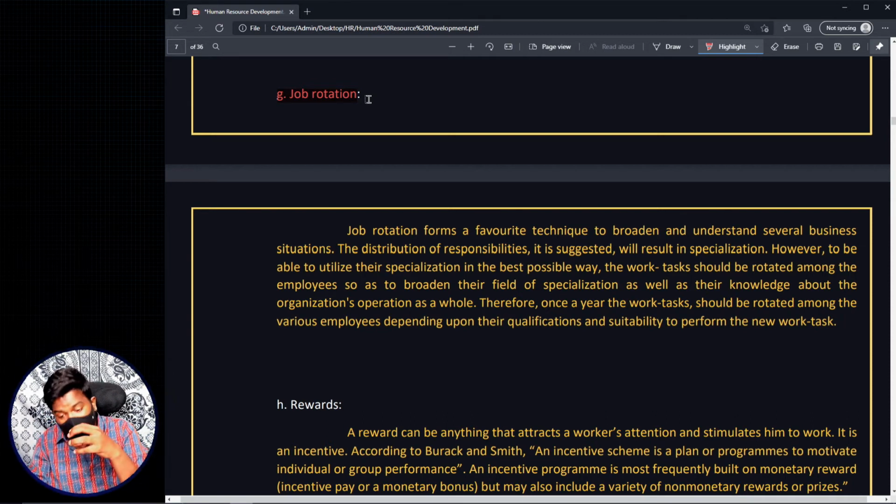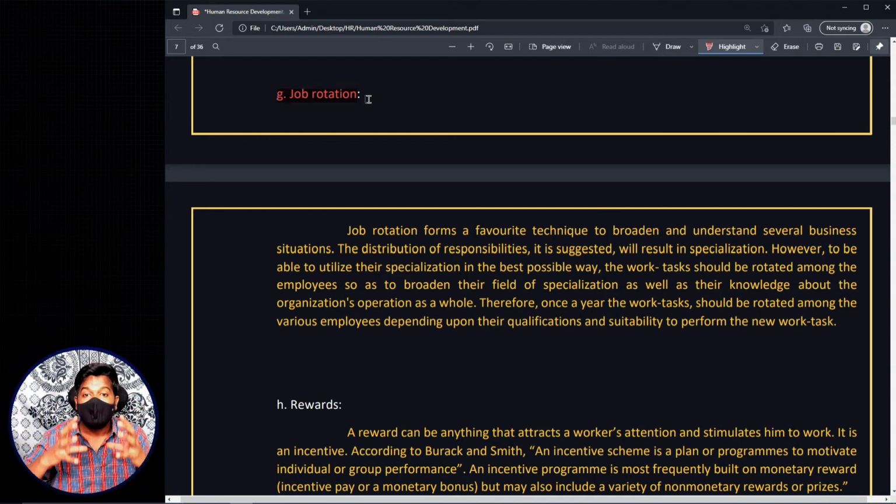The only difference that comes in job rotation is that the knowledge, skills, capabilities, everything are the same. The only difference is the way you apply your skills. The application part is different, but the entire knowledge, for example, the human resource subject, is the same. The way you are applying it changes from job to job. That is job rotation.